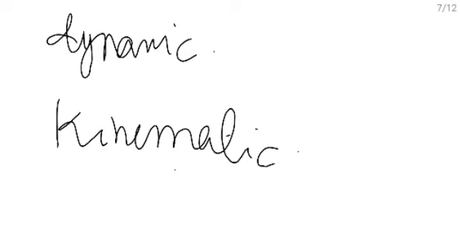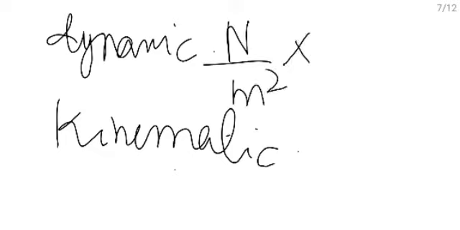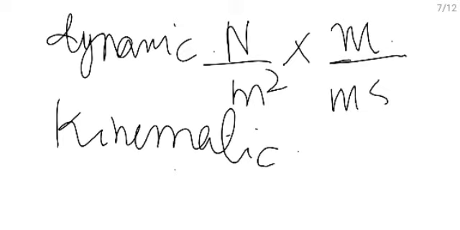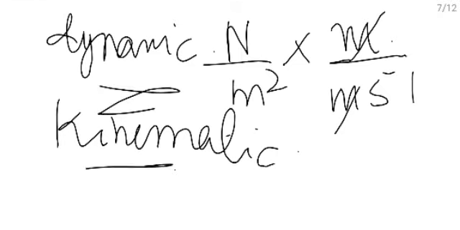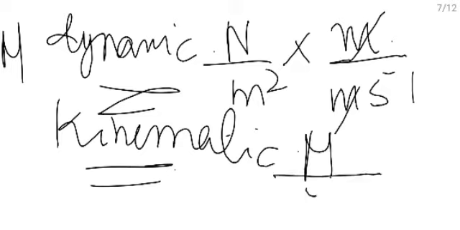Looking at the units, shear stress is Newton per meter square divided by velocity gradient. This is dynamic viscosity, and kinematic viscosity is dynamic viscosity divided by density. So what will we get?